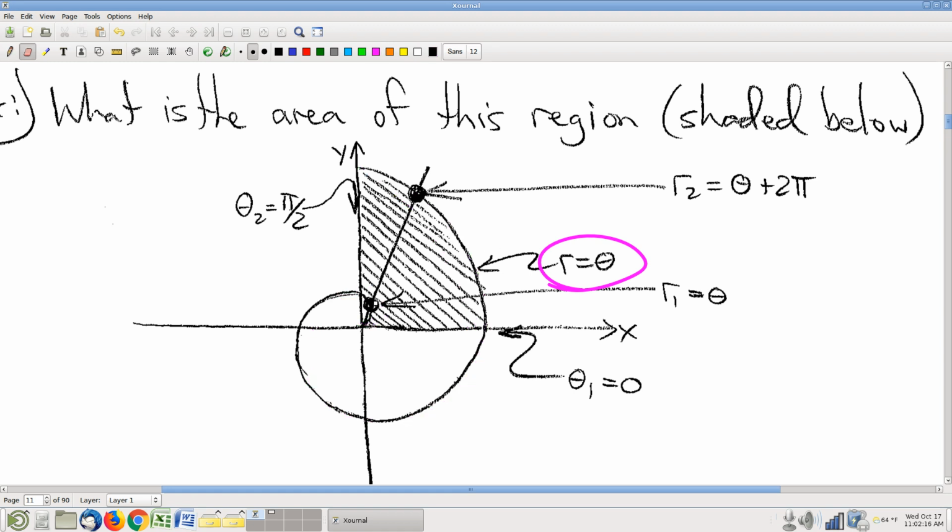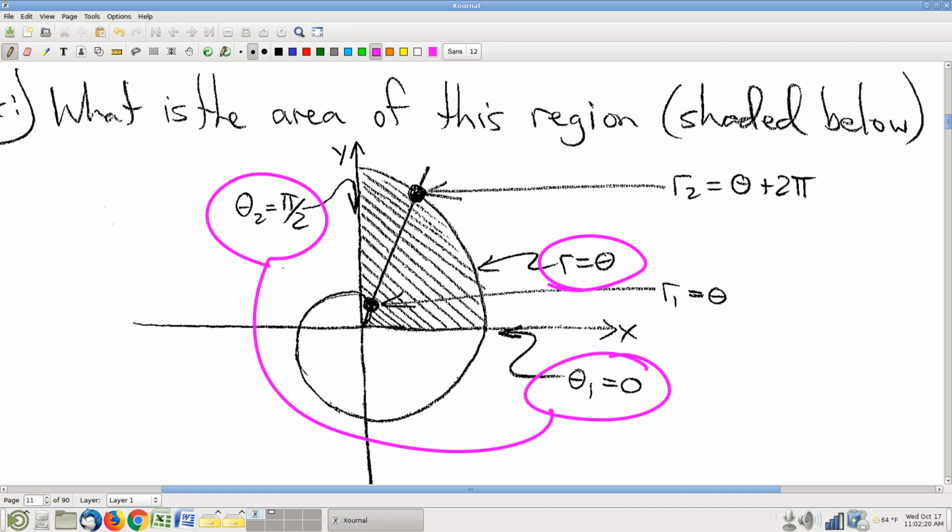Now, as soon as we restrict our attention and say theta is between 0 and pi over 2, this is no longer r equals theta. This curve here is now r equals theta plus 2 pi.